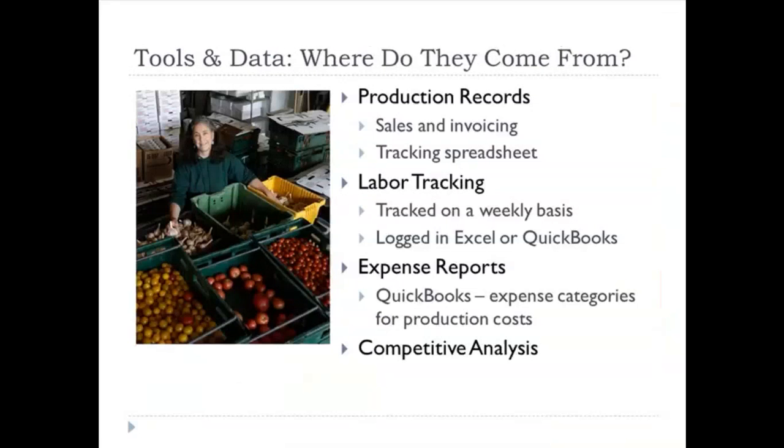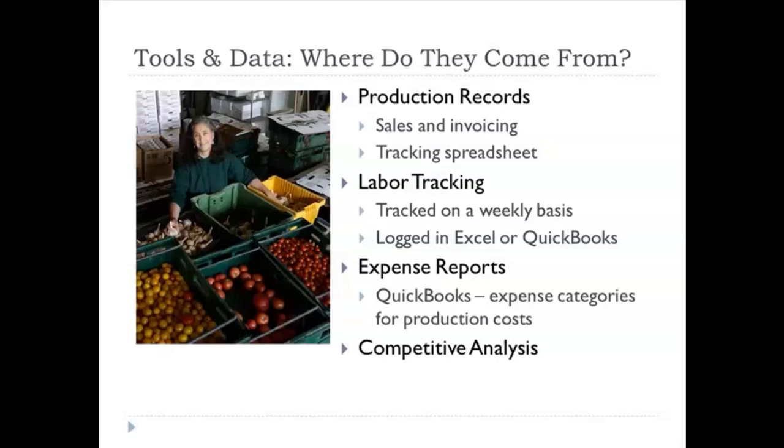So where do these numbers come from? The production records are going to come from that tracking spreadsheet that you've been working on every day, recording what you're producing, recording what you're selling. You can also track it through QuickBooks. If you're recording specific sales in QuickBooks, you can look through your reports there to know what you've sold. Similarly, you've been tracking your labor on a daily, weekly basis and logging it into an Excel spreadsheet or into QuickBooks to know what kind of time you're spending on the different tasks and jobs in farming.